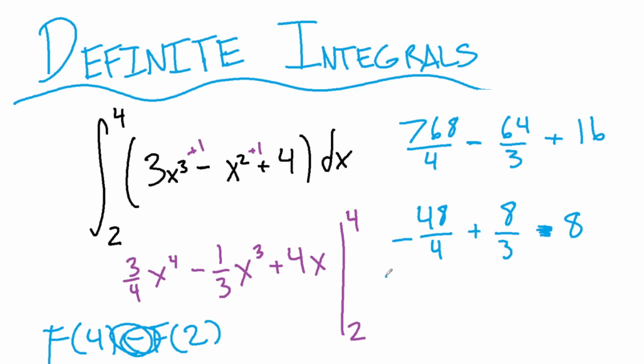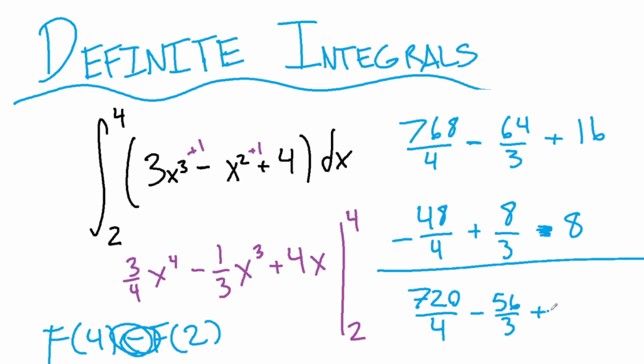Now we just go top down and evaluate that. 768 minus 48 would be 720 over 4. Then negative 64 plus 8 would be 56, so we have minus 56 over 3. And then 16 minus 8 would just be 8.